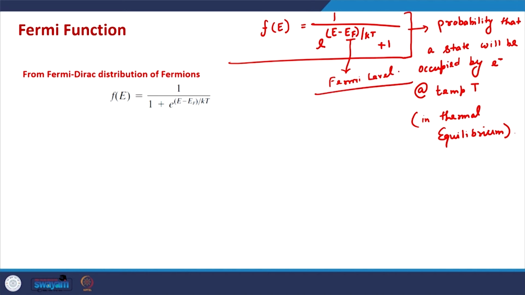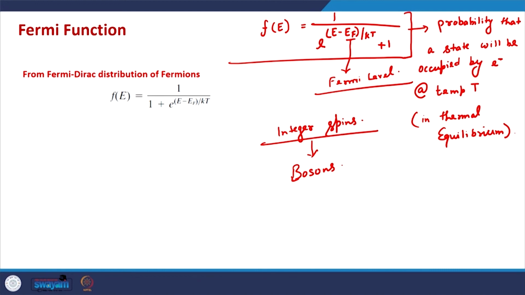Now, this is the distribution function of fermions. In nature, there are other particles as well which have integer spins, and these particles are known as bosons. There is no principle like Pauli's exclusion principle for bosons.